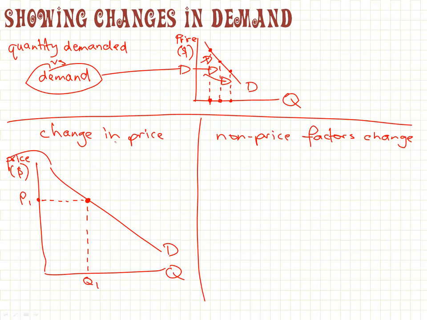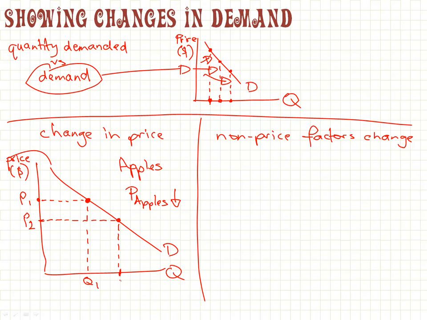Now if the price, for instance, of this good, let's say it's the market for apples, if the price of apples was to fall, we would show the new price, P2, and then we'd find the new quantity demanded on the graph. So we go along at P2 and then down to find the new quantity.